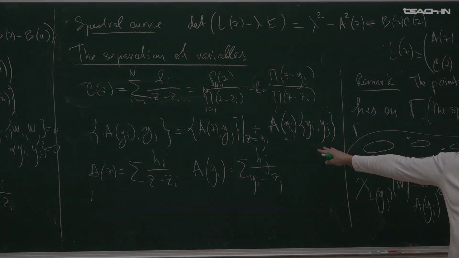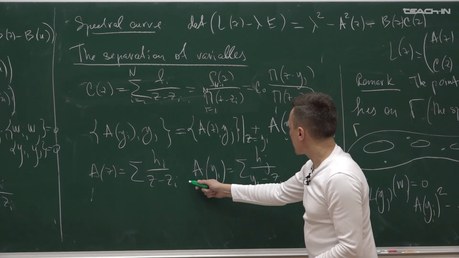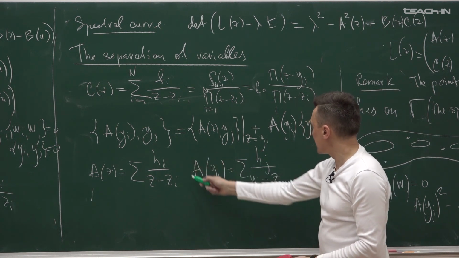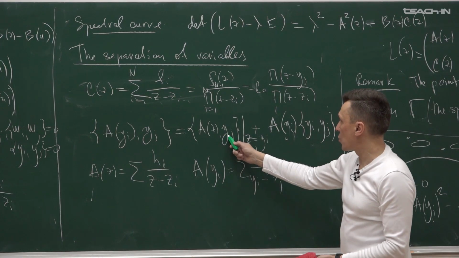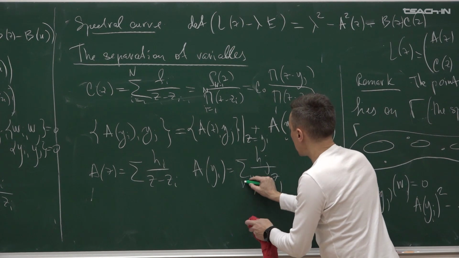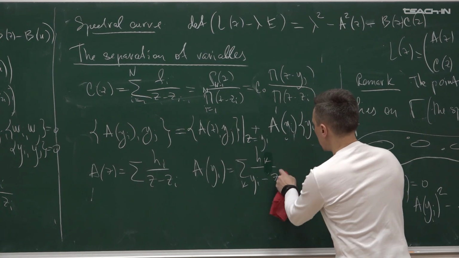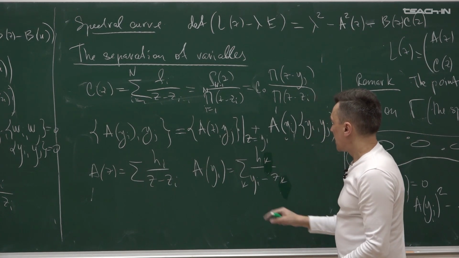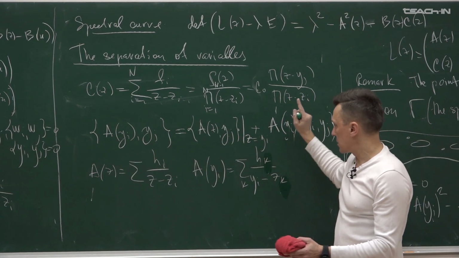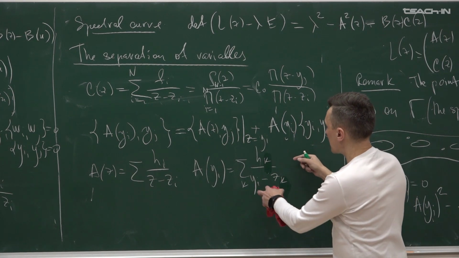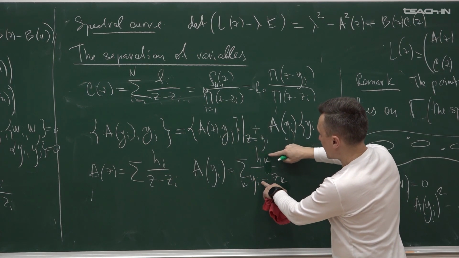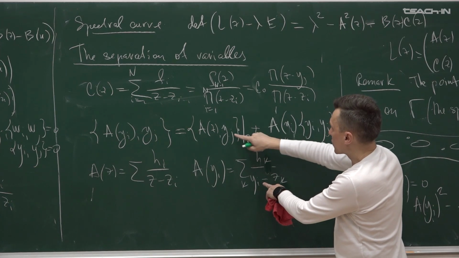Do you need some comments? Okay, so we try to calculate the Poisson bracket of this expression with y_j. There are two parts. First of all, we can consider the Poisson bracket of the coefficient h_k with y_j.